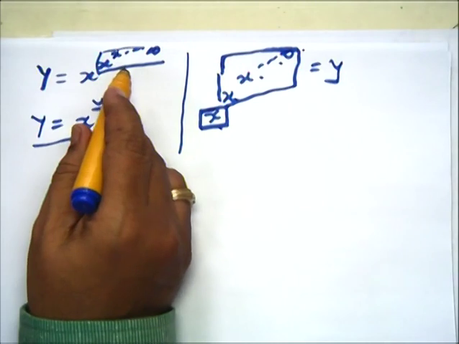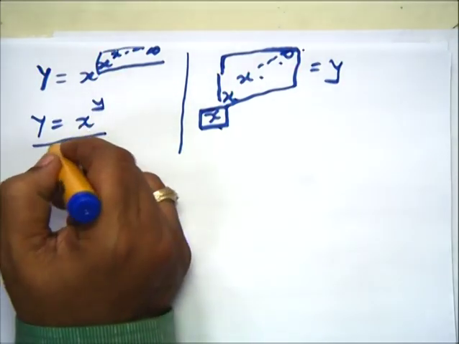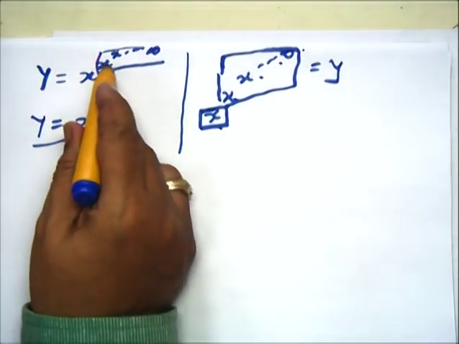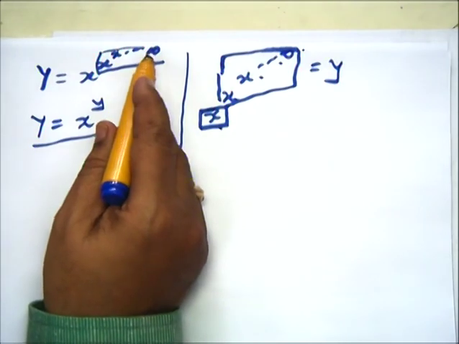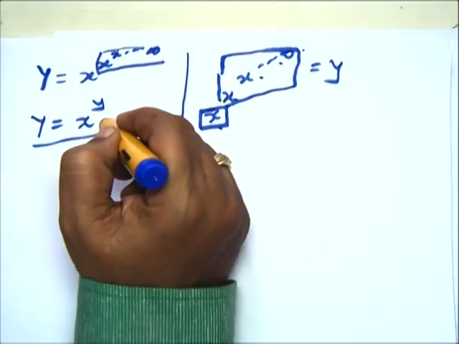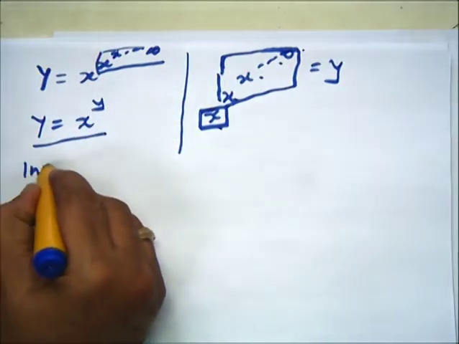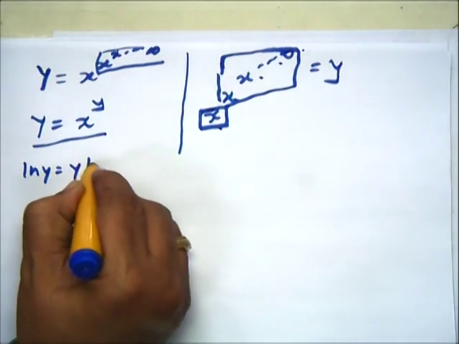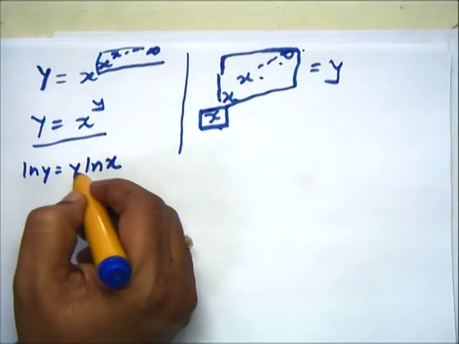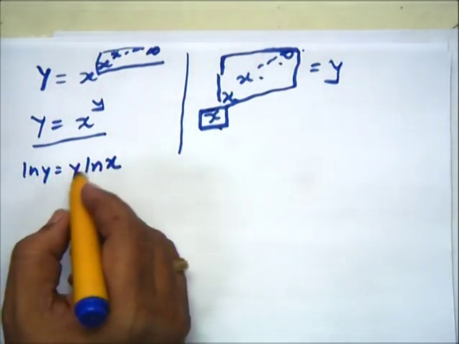So what we have done here is taken x raised to x raised to x raised to x, infinite times, as y, and now taking log on both sides, we have log y is equal to y log x. If we take the derivative here, this is also a composite function, and we can directly differentiate it.